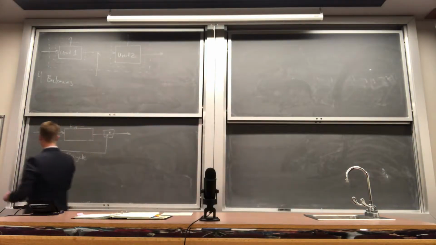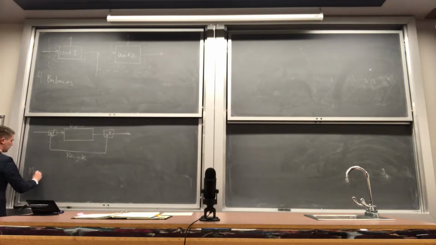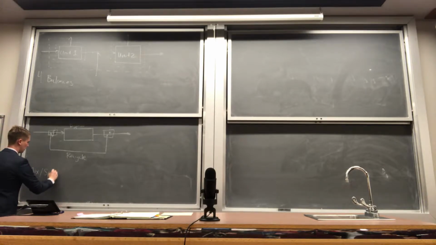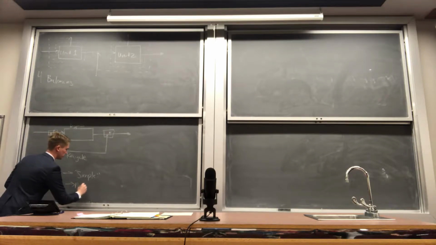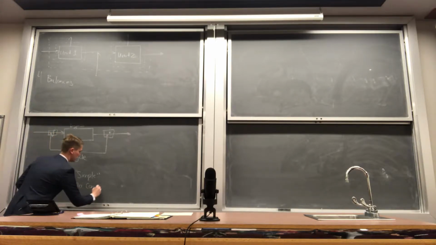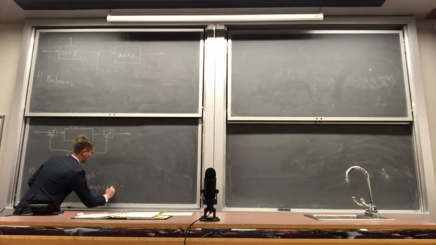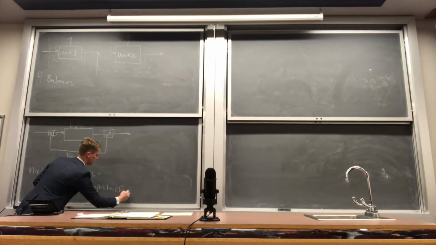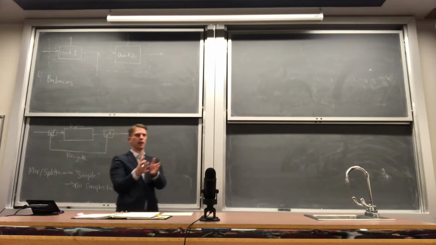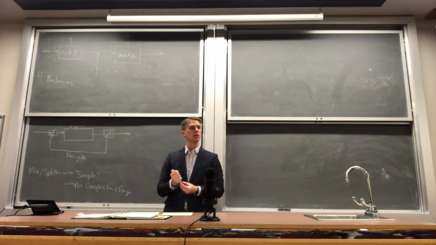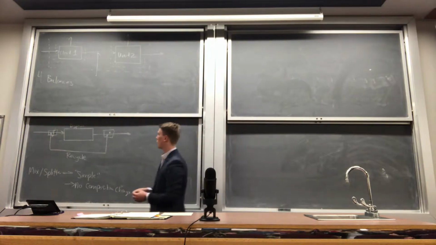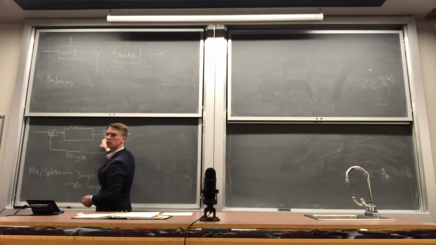So if we had a mixer or a splitter, these are simple and no composition change is what makes them simple. Just imagine it's kind of like a valve where you're sending some down one stream and some down another stream. So you're not changing your composition, but you're changing your overall flow rates.